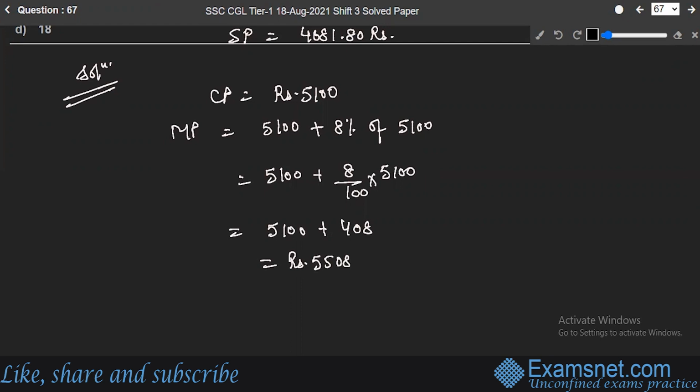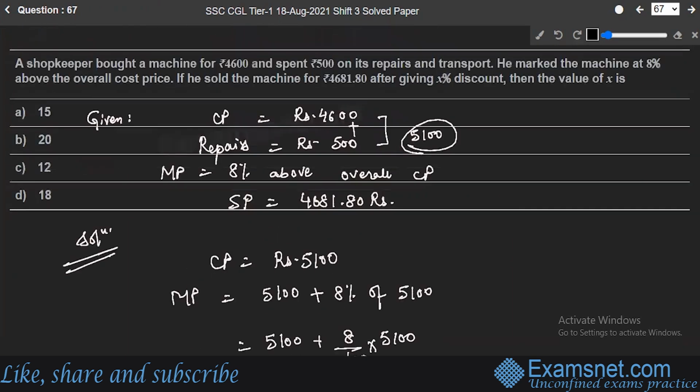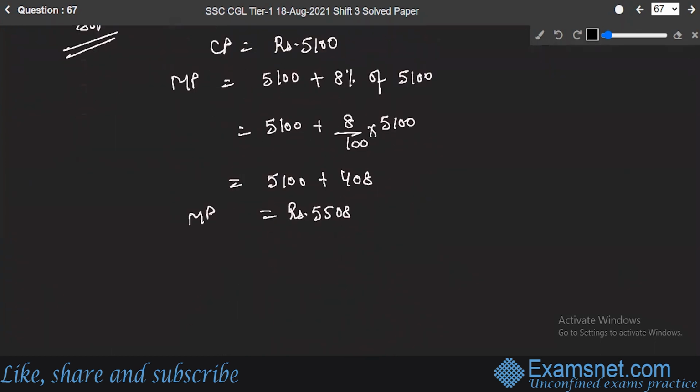Now the selling price, this is the marked price, right? So selling price is 4681.80 rupees. So this is the selling price, this is the marked price.